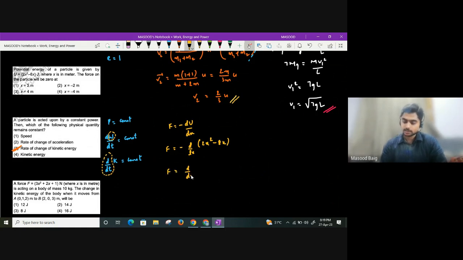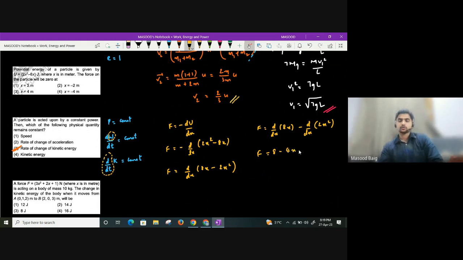I'll get it as d by dx of 8x minus 2x square. So again, I can write it as the derivative of 8x minus the derivative of 2x square, and you'll get 8 minus 4x. They're asking at which position the force on the particle will be 0.